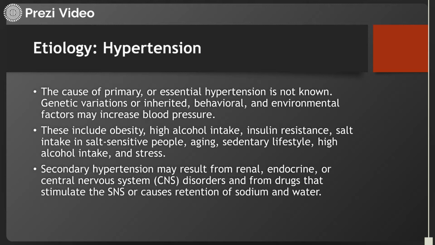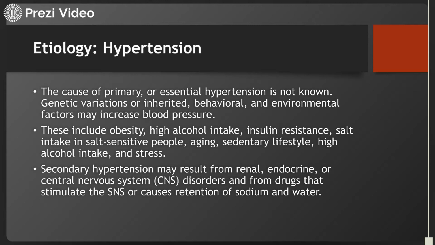The causes of essential hypertension are pretty much unknown, but we know there are genetic variations or inherited tendencies that predispose you to having high blood pressure. Behavioral factors, like what you eat, whether you exercise, are you a couch potato?